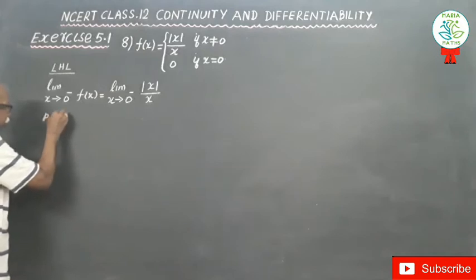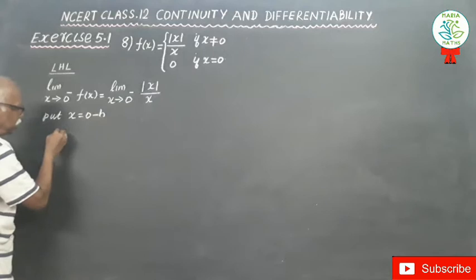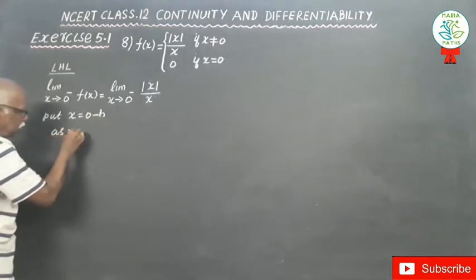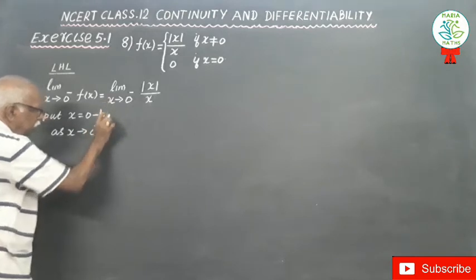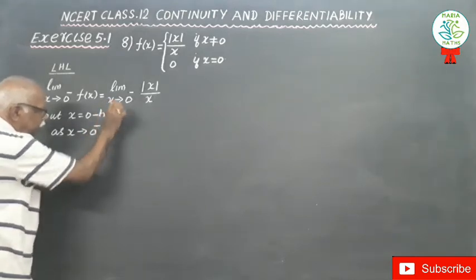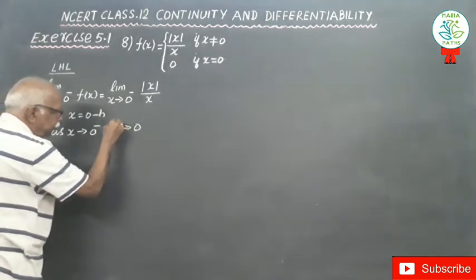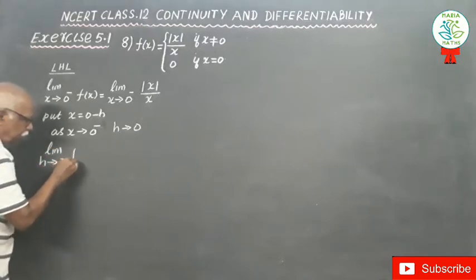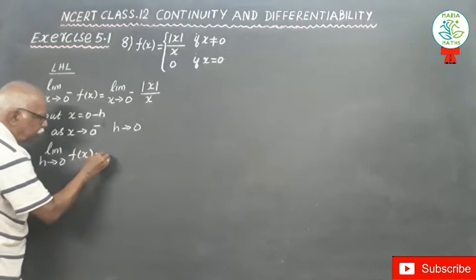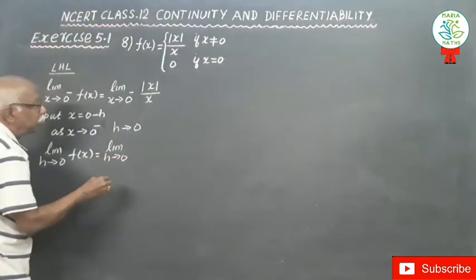Put x is equal to 0 minus h. As x tends to 0 minus, h tends to 0. Therefore, limit h tends to 0, f of x is equal to limit h tends to 0.